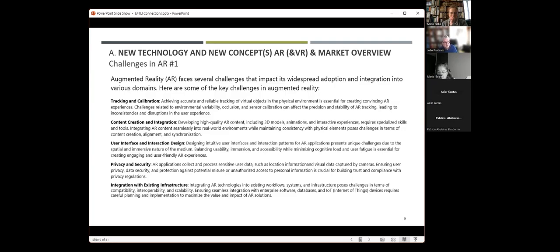Integration with existing infrastructure. Organizations have a lot of things from the past, like document management systems, workflow systems, ERPs, CRMs, and lots of data. And we need to think of integration.